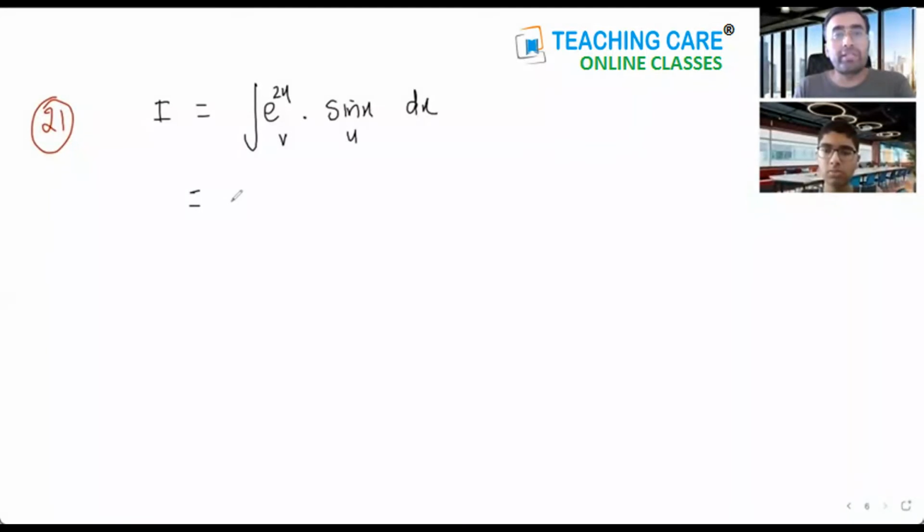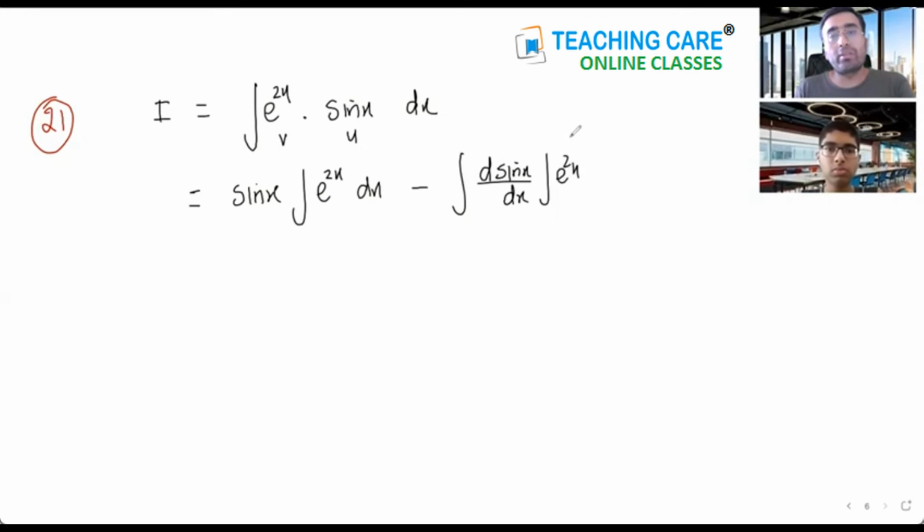So now the first function is taken out, integration of the second function, e raised to the power 2x dx, minus derivative of sin x and the integration of e raised to the power 2x, dx.